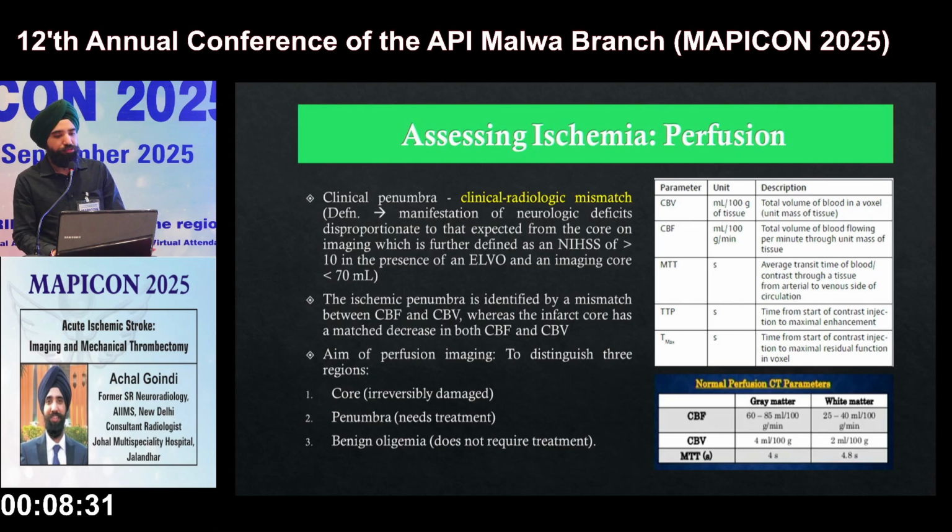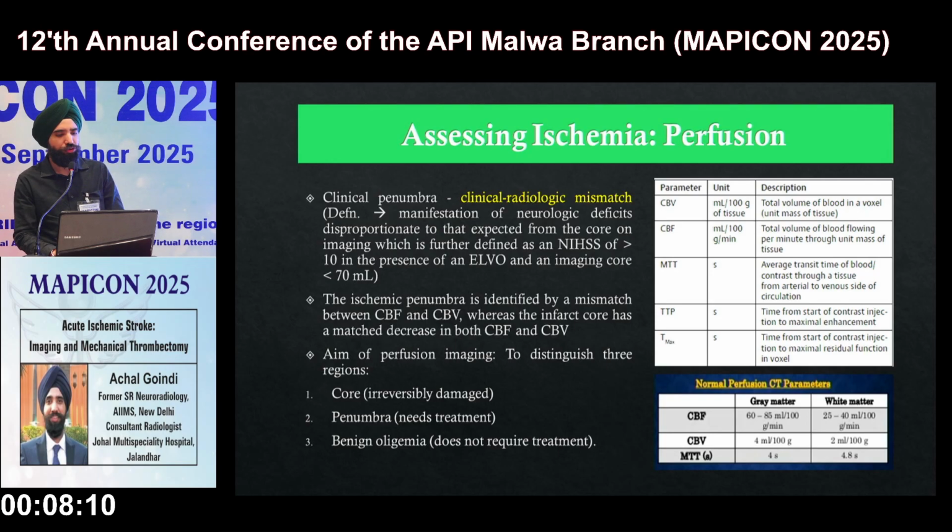So perfusion helps us to decide how much is the core and how much is the penumbra. What is penumbra? Penumbra is nothing but the salvageable tissue, which can be revived if we give proper medical therapy or endovascular therapy or both. And then there is an entity called benign oligemia.